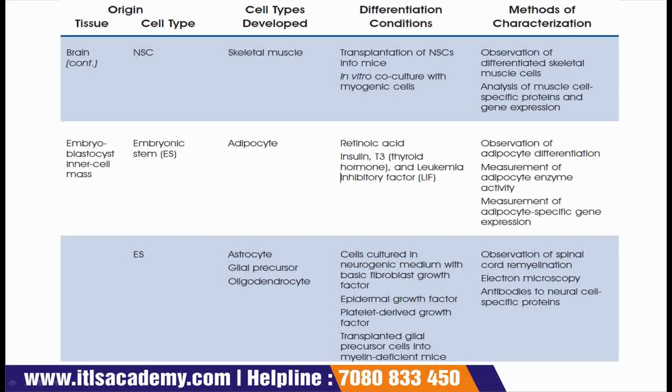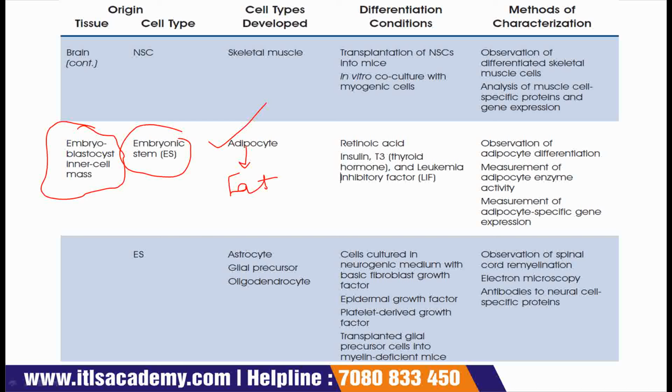Now, the origin tissue is blastocyst inner cell mass. The cell type formed is embryonic stem cell, and this will develop into adipocyte. Adipocyte again is fat storing tissues or fat storing cells.